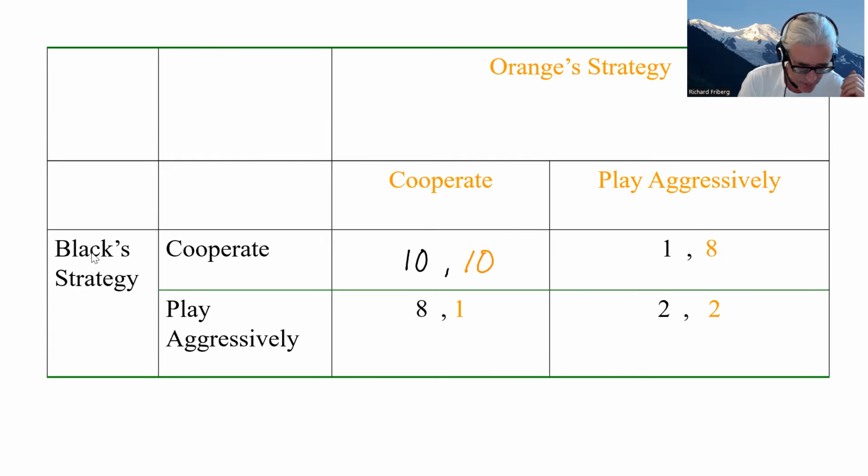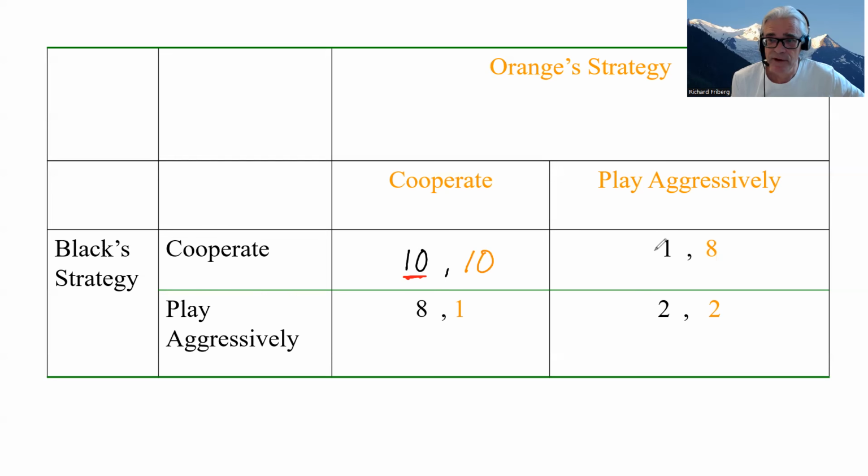So again, walk through looking at best responses. So we're putting ourselves first now in the shoes of black, choosing cooperate or play aggressively. If orange cooperates, black then compares payoff of 10 to 8. 10 is greater than 8, so black would choose to cooperate.